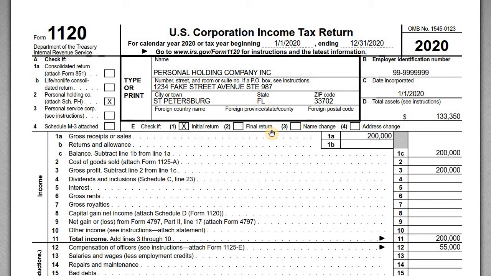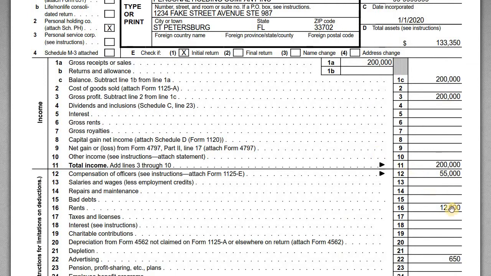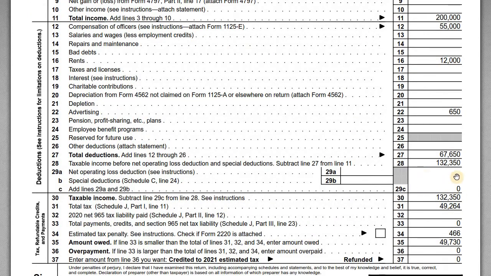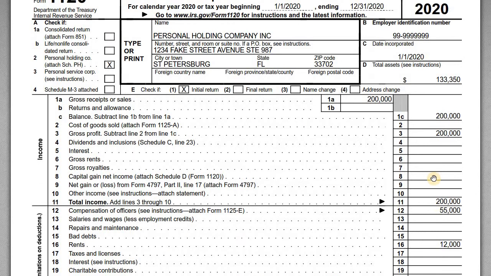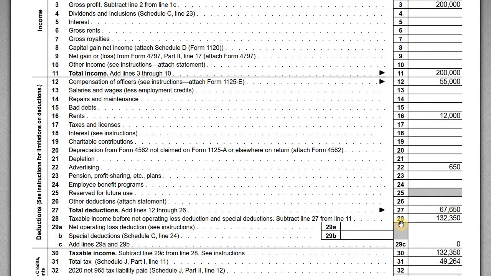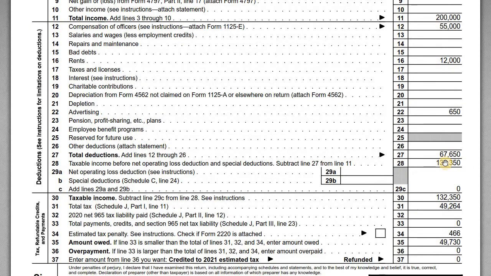So this actor generated $200,000 in revenue. He has some expenses here. Here's his net taxable income in the corporation of $132,350. Now, why is this important when we talk about PHC income? Well, corporations are generally subject to a 21% tax rate on this net taxable income, but they're also subject to an additional PHC tax if it's a personal holding company.